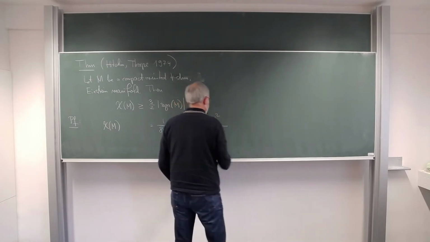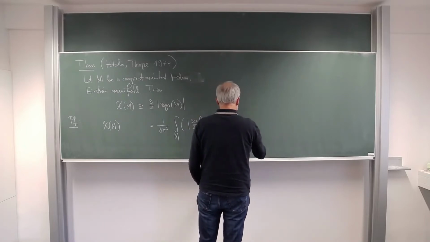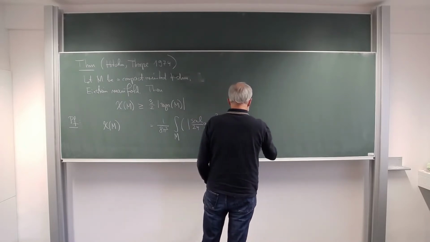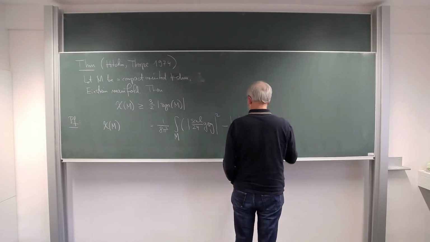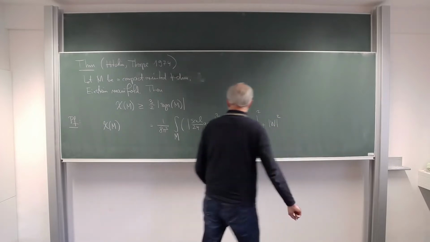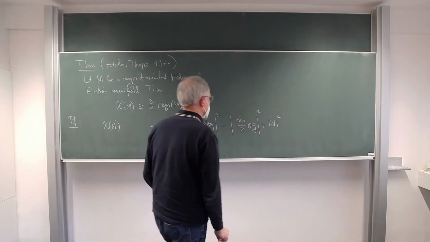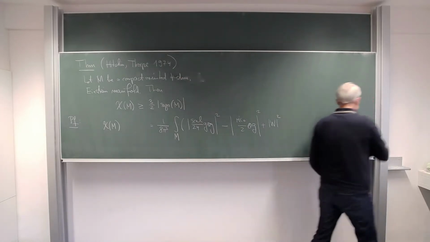There was the Ricci term with the negative sign. And there was the Weyl curvature term. So that is going to be integrated over the manifold.